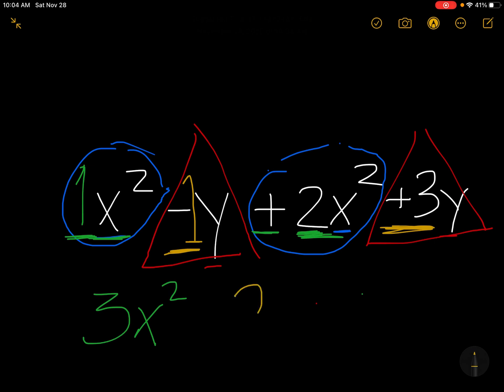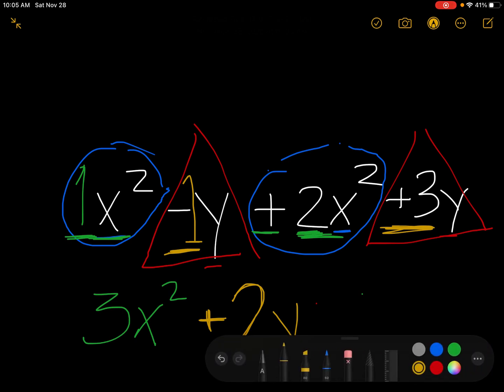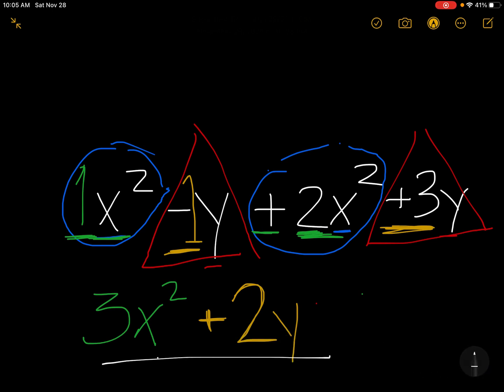And I'm going to be keeping the sign of the larger number here. 3 is the larger number, so we're going to keep it positive. So in front of my answer, I'm going to put a plus sign. And I keep my same variable. We were working with y's, so I did negative 1y plus 3y equals positive 2y. I put them together. This is the answer to my new problem.